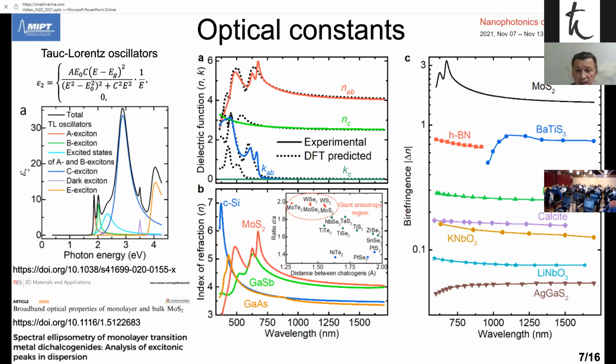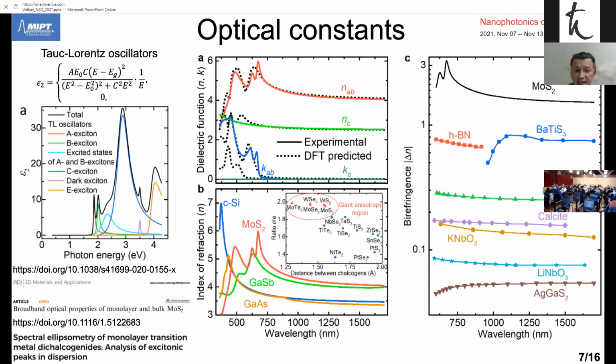As compared to other birefringent materials, one can clearly see that results obtained for our MoS2 flake are significantly higher than previous birefringence champions like hBN and BaTiS3. They are several times higher than that, and actually an order of magnitude higher than the standard anisotropic materials used in optics.